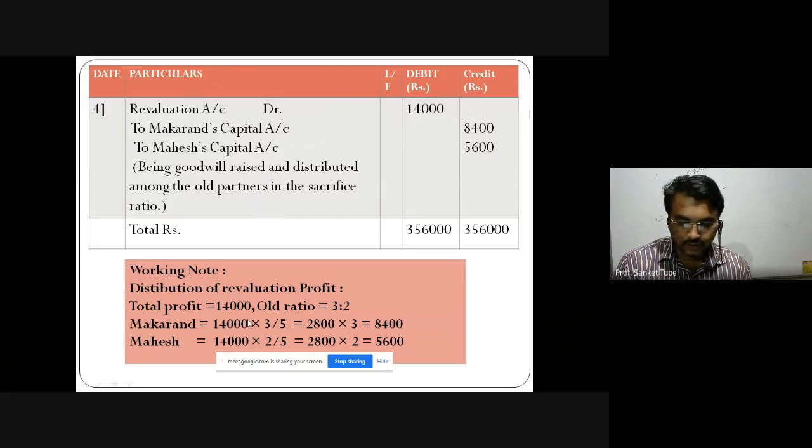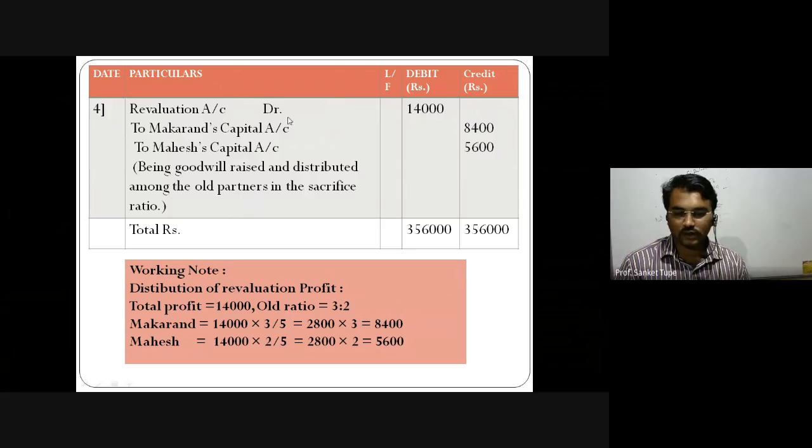So यहाँ पे मैंने पूरा कैलकुलेशन दिखाया है, 14,000 into 3/5 is equal to, you got the calculation 8,400. Again 14,000 divided by 5, it is 2,800 multiplied by this 2, and the calculation is 5,600. So distribution shown in the journal entry, revaluation account debit 14,000 to Makarand capital account 8,400, to Mahesh capital account 5,600.